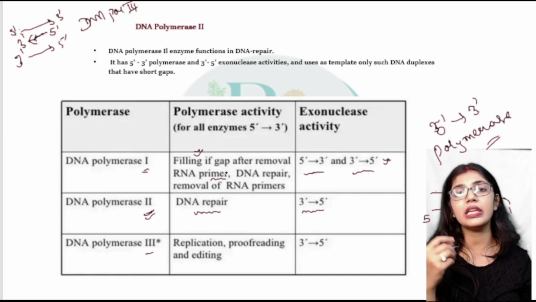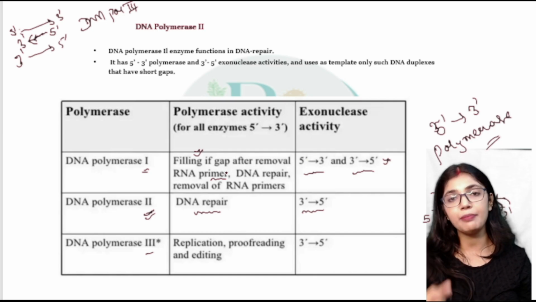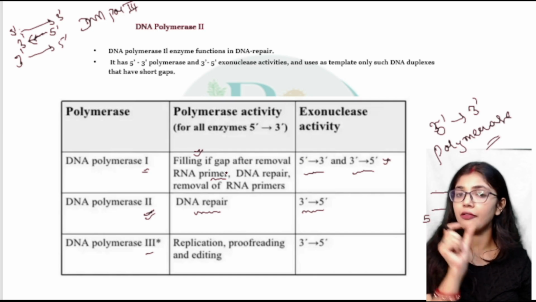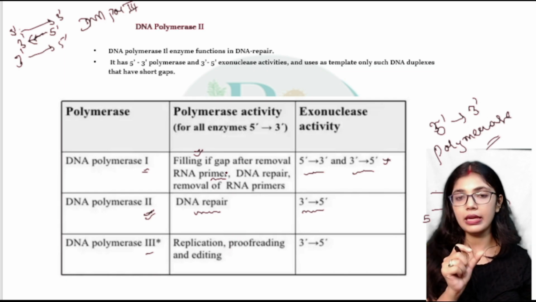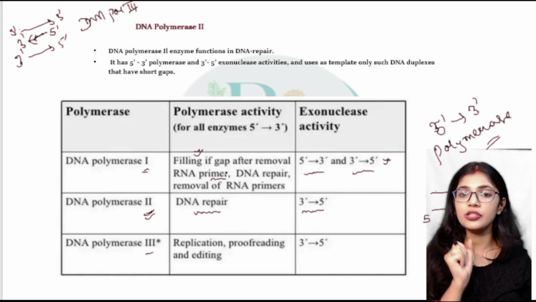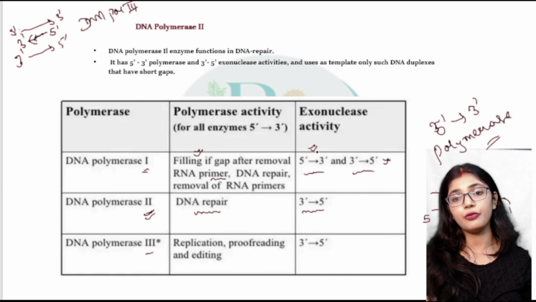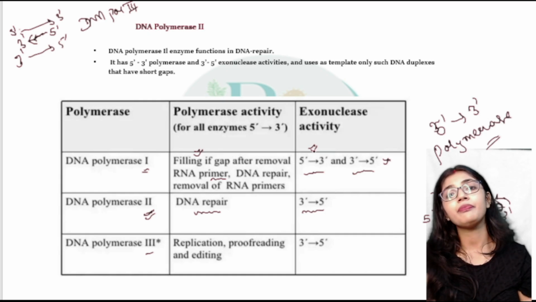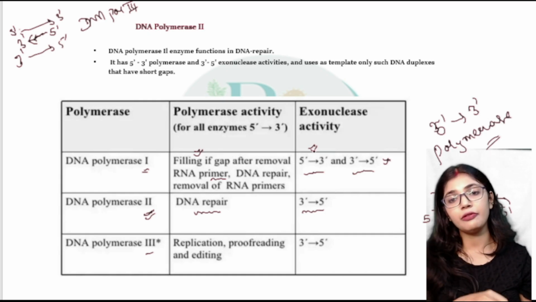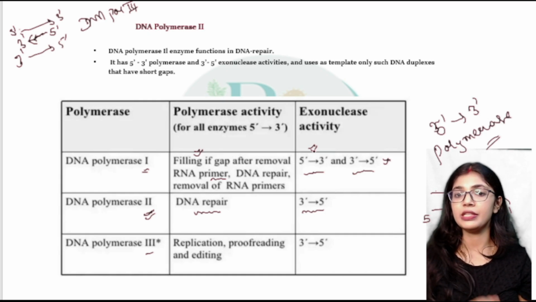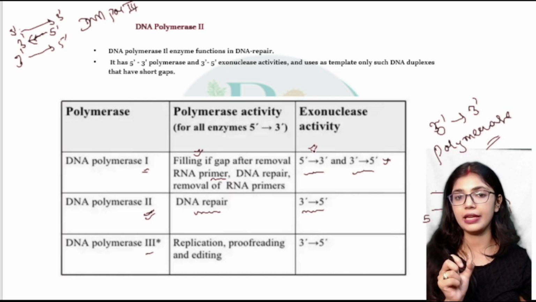We have already discussed that in the lagging strand there are different RNA primers which form the Okazaki fragments. After removal of this RNA, this DNA polymerase will synthesize a short strand in the 5' to 3' direction. First it will be removed, then it will be synthesized by the 5' to 3' polymerase activity, because it is a short stretch of DNA.